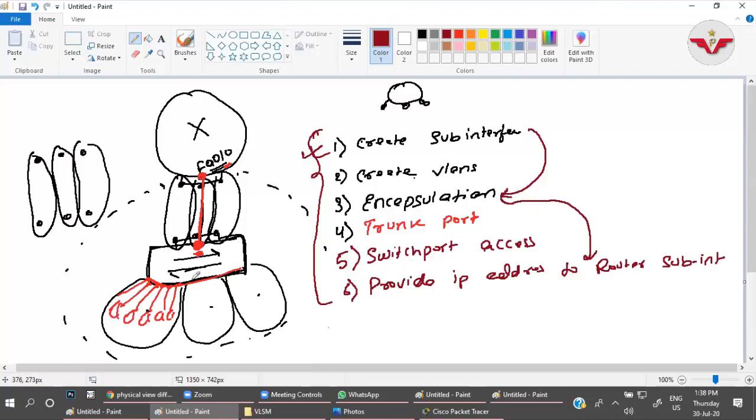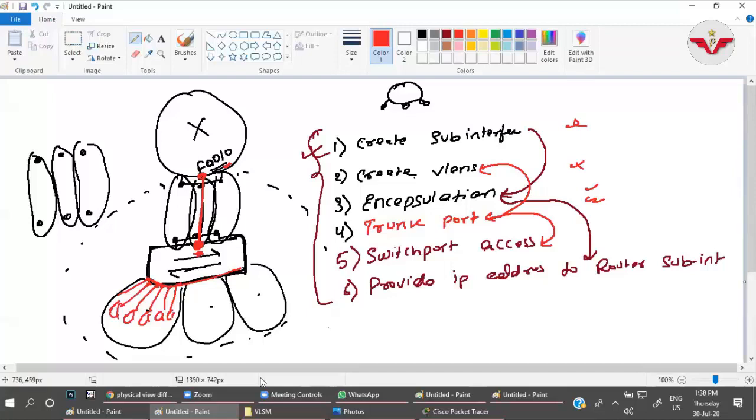Once you go to the switch, create VLANs, provide the trunk port and configure the access port. So only two steps, and it's done. But just for your understanding, I have created these six steps, so that you will not get confused about how, why and where we are going to configure that.